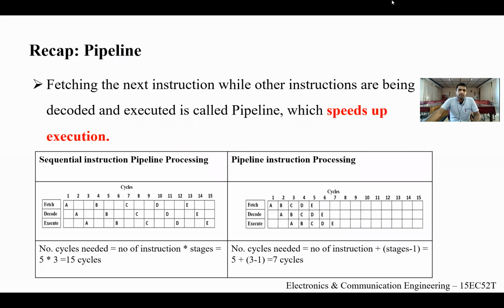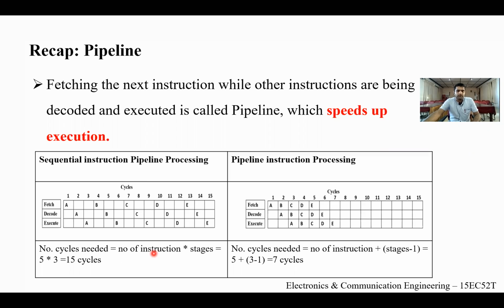In the previous class, we discussed a comparison of sequential instruction processing and pipelined instruction processing. In sequential instruction processing, the number of cycles needed is equal to the number of instructions into stages, that is 5 into 3.